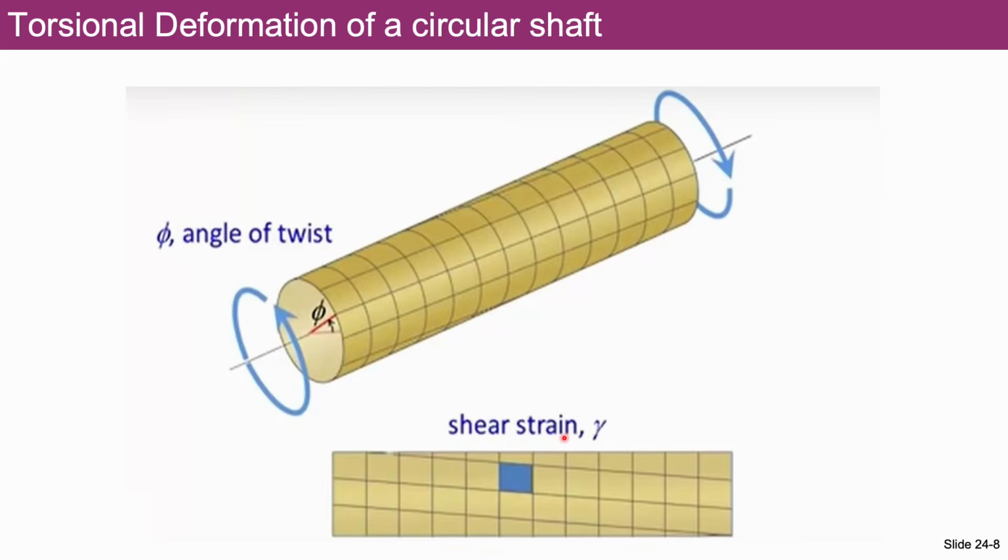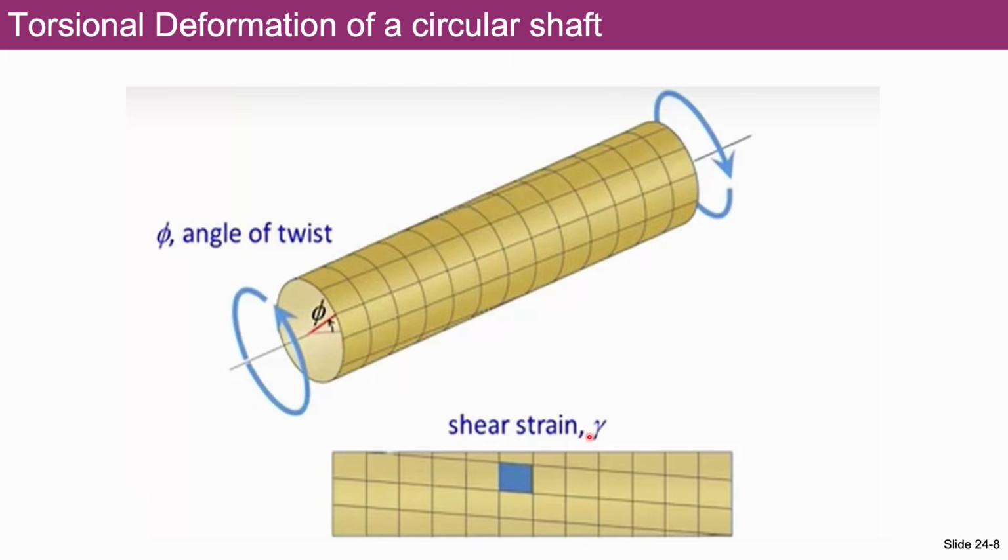Please note that after the application of this torsional loading, after the torsional deformation, each of these rectangular grids now became a parallelogram. As you can see, do you see the shape change? So now they become the parallelogram shape, and we know that this type of shape change is characterized by the shear strain gamma.